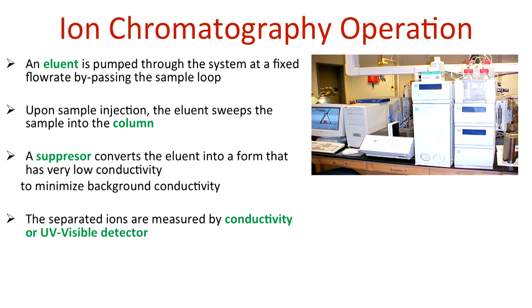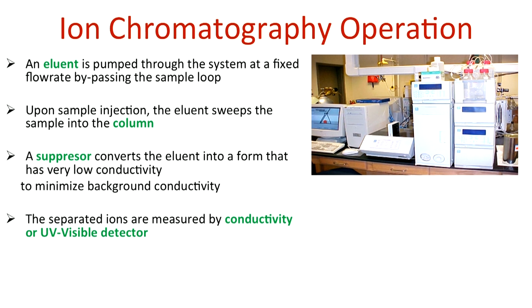So remember, if you're using sodium carbonate or sodium bicarbonate, these are also ions. So if you have them in your detection, then you will have a very high background. So the main purpose of the suppressor is to convert these eluent ions into a neutral form, so that there's less background when it goes to the detector.